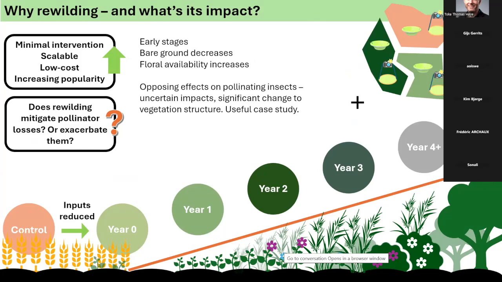If we can use low-cost scalable technology alongside rewilding, we're getting the best of both worlds, but we don't really know how good it is for pollinating insects. And we have some things that are opposing. Bare ground often decreases over time at rewilding sites, but in early stages, floral availability is increasing. So ground nesting resources and basking spots for a lot of species are changing quite significantly, and we don't know the impacts on the community at rewilding sites.